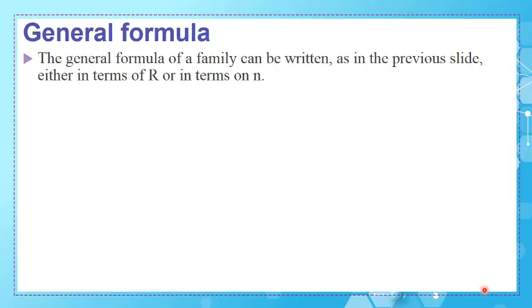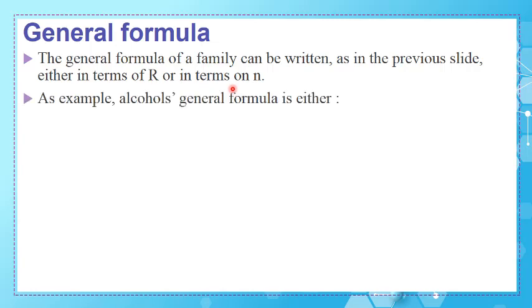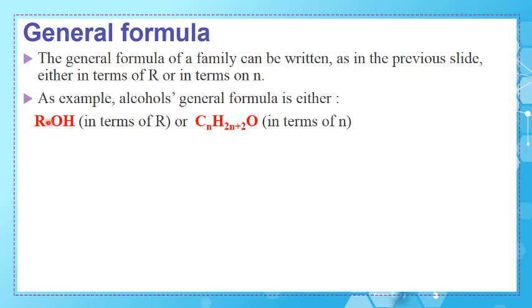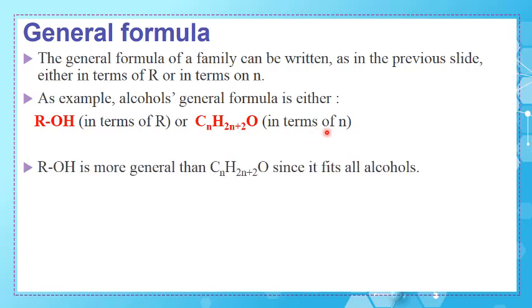What about the general formula? The general formula of a family can be written as in the previous slides, either in terms of R or in terms of n. An example, alcohol's general formula is either written ROH in terms of R or CnH2n+2O in terms of n. Actually, ROH is more general than this one, since it fits all alcohols.